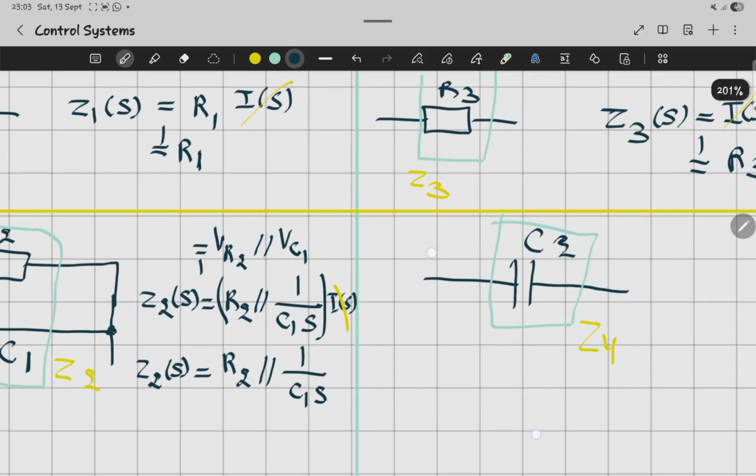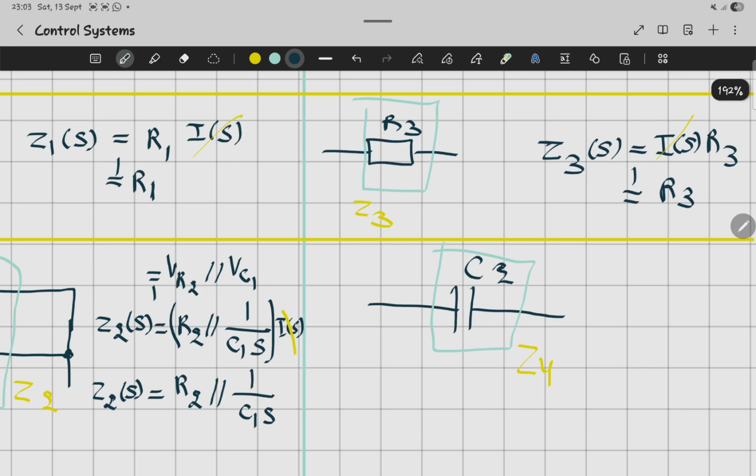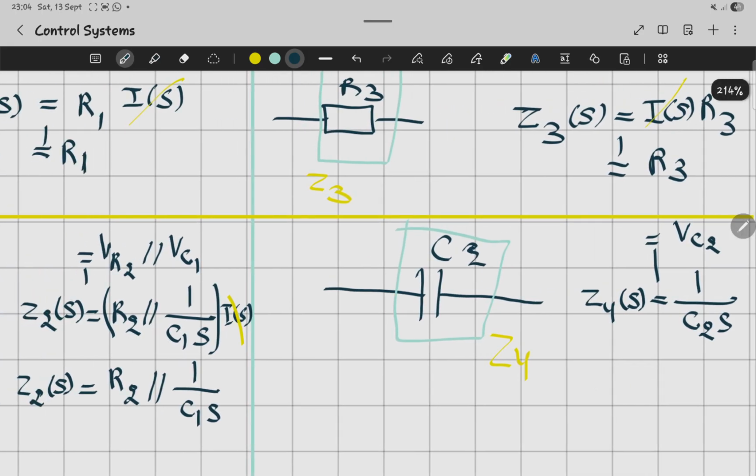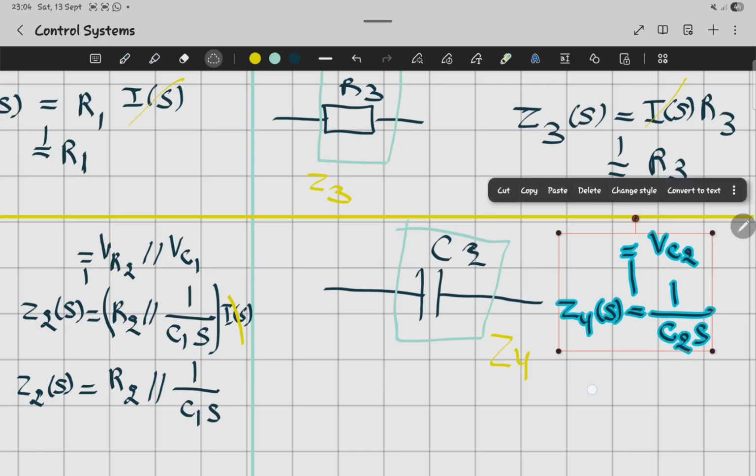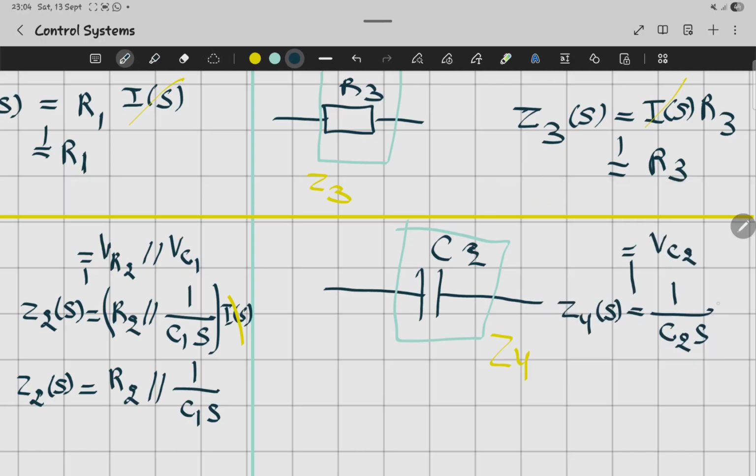Let's go with this one, so then you can see Z4 will be equal to 1 over C2 s, meaning we're going to have VC2. Since, like I said, we're going to cancel out the current, I'm going to show the step where we got that current. It's going to be I, and then cancel out the current.